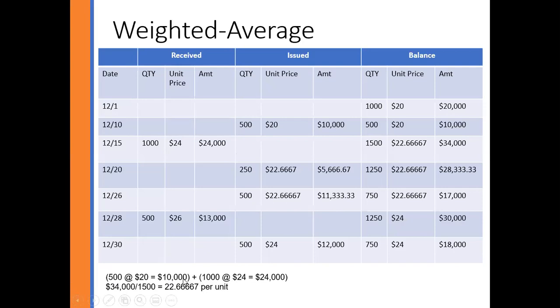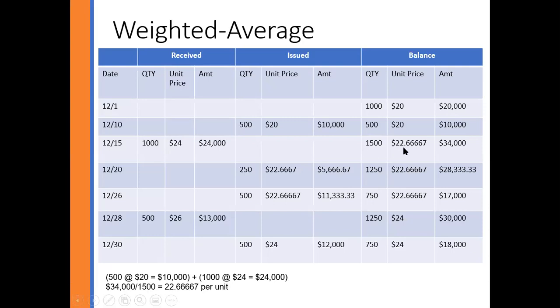So we add together 10,000 plus 24,000, so 34,000, and that represents the cost of 1,500 units. So we're taking our 34,000 divided by 1,500, which gives us that average cost of 22.66667 per unit. That's what they're showing us in our textbook.